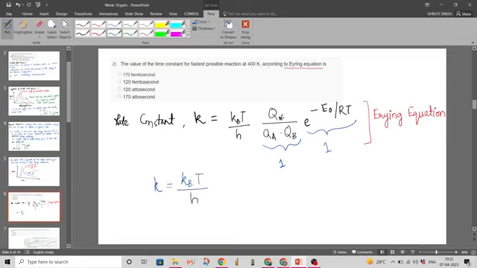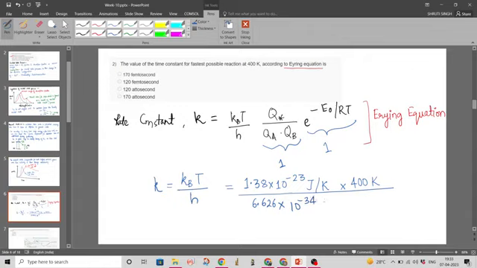Now at 400 Kelvin, we can put this temperature over here. kB is the Boltzmann constant, 1.38 times 10 to the power minus 23 joule per Kelvin, into 400 Kelvin, divided by Planck's constant, 6.626 times 10 to the power minus 34 joule second.